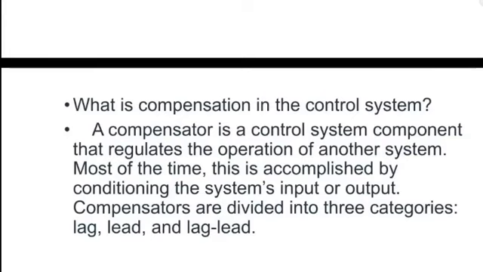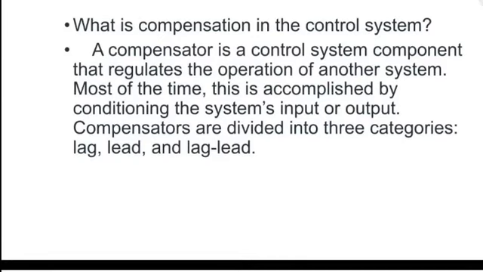And then we also asked ourselves why compensation is so important, and we say it is important because it regulates the operations of another system. Most of the time this is accomplished by conditioning the system input or output.